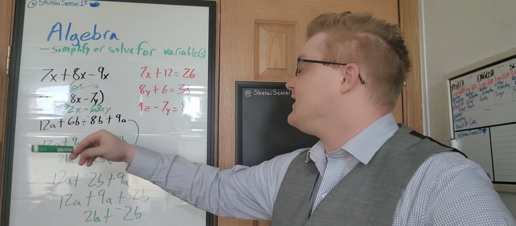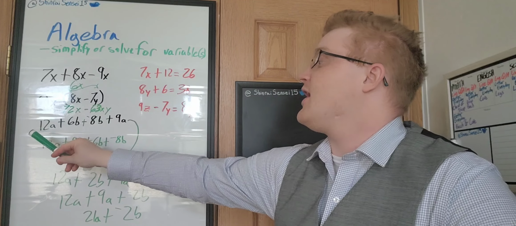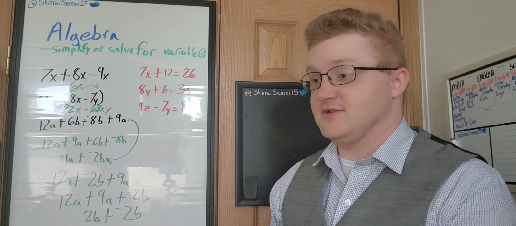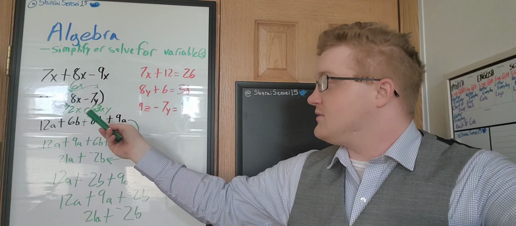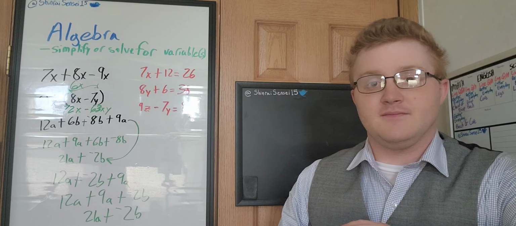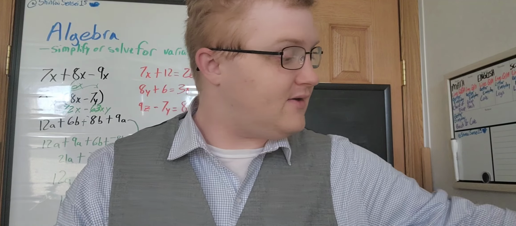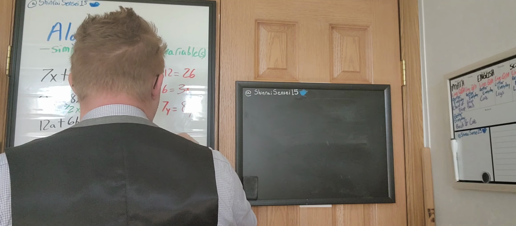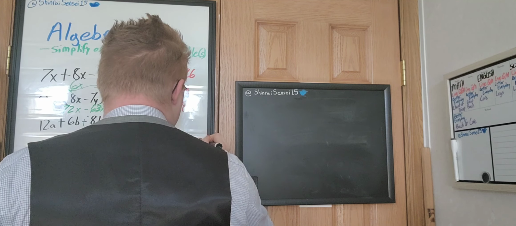But if I was subtracting, let's say the 6b was being subtracted from the 12a, and let's say I had other variables thrown in here, and there were no like variables for that negative number. A better example to write out is if I had 12a minus 6b plus 8c plus 9a, right?